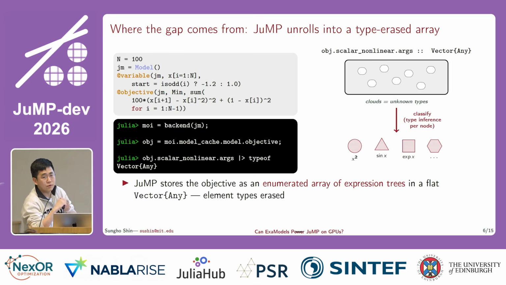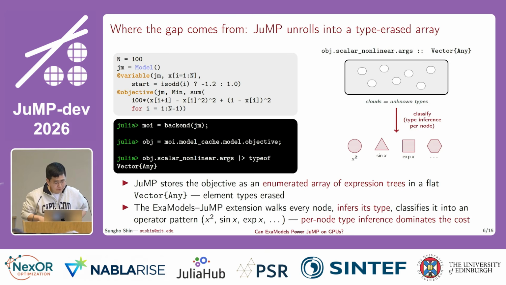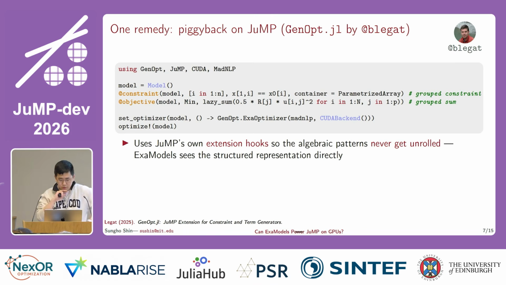So you need to go through type inference for each entry when it is encountered during this conversion. So this has been quite slow, and this is particularly because of some of the backend in the JuMP data structure. So in this case, the per-node inference will dominate the cost of doing this conversion. So this has been the issue.